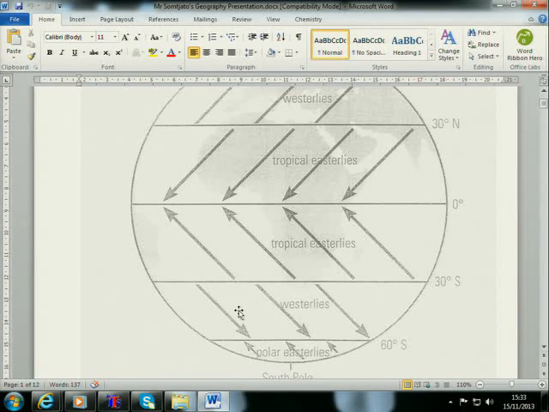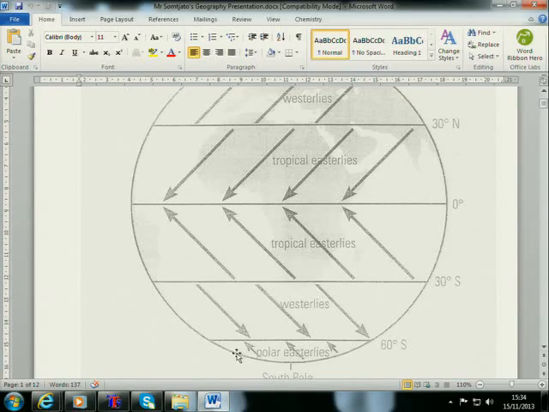According to Ferrel's law, the air in the southern hemisphere will be deflected to the left, and in the northern hemisphere, the air will be deflected to the right. So when the air is deflected to the left, the air seems to come from the west. Hence, we name it the westerlies, according to the direction from which they blow.